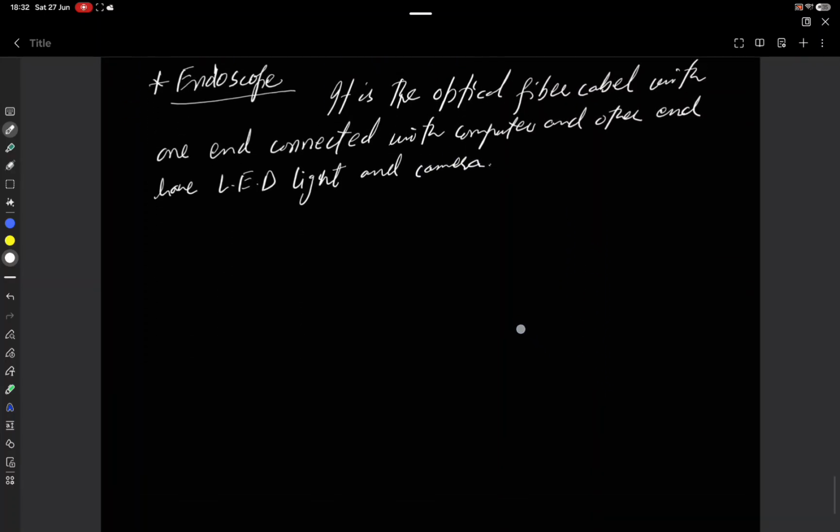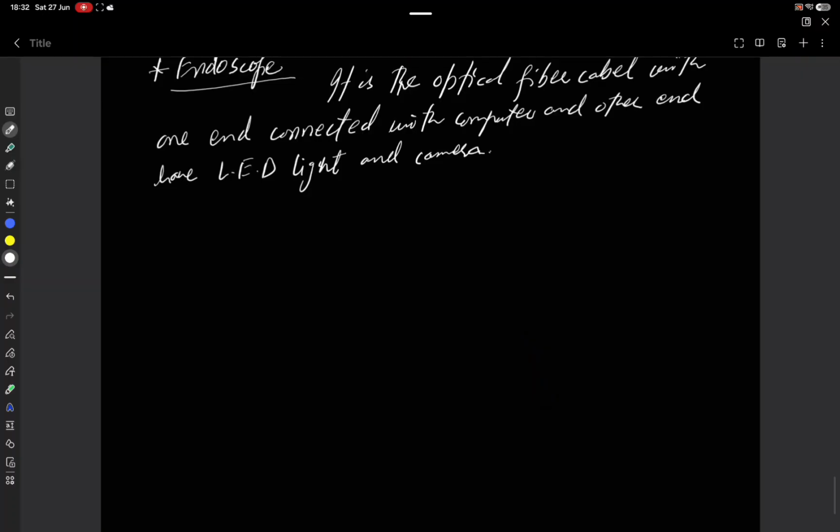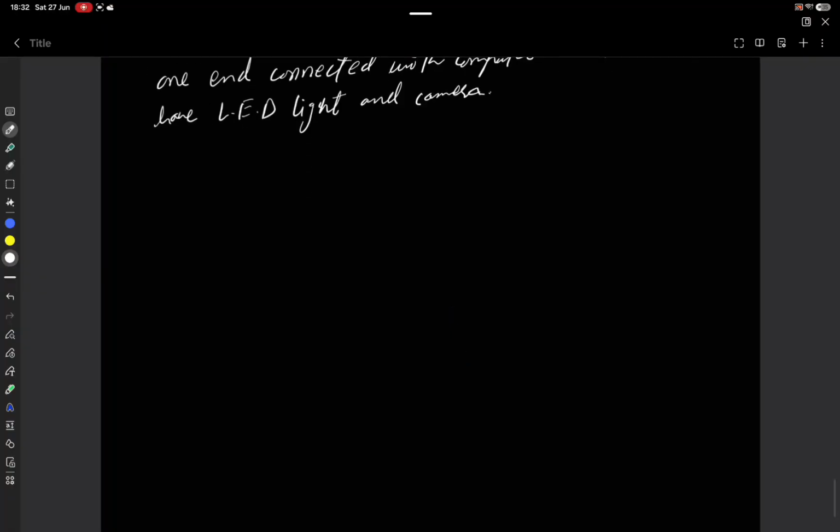So endoscopy is used to see the internal walls of the stomach and intestine. So the walls of the stomach and intestine can be seen with the help of this endoscopy.